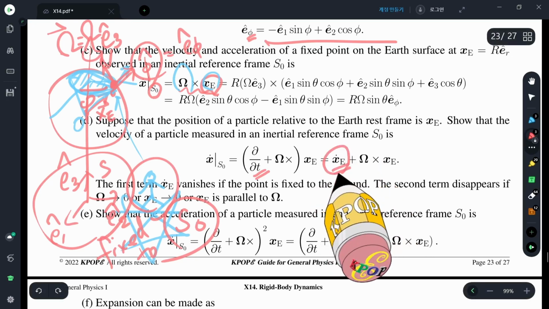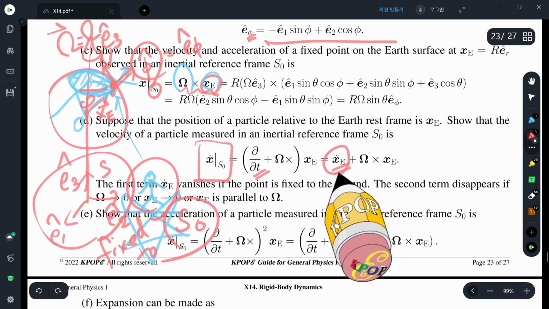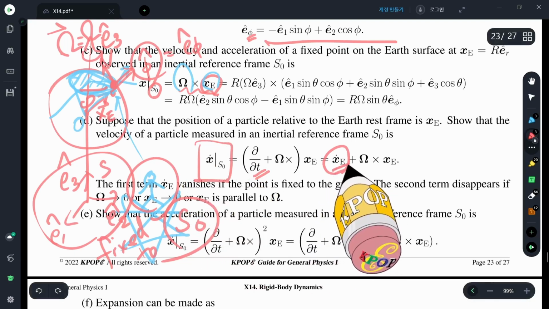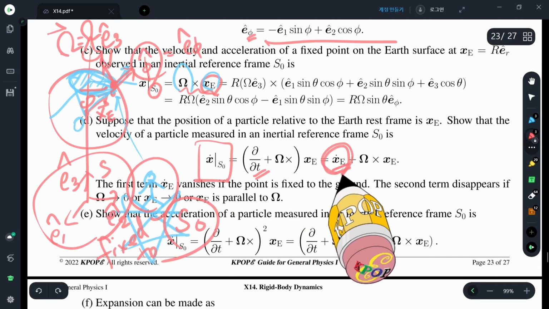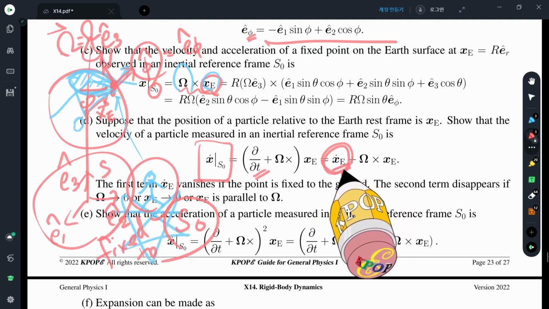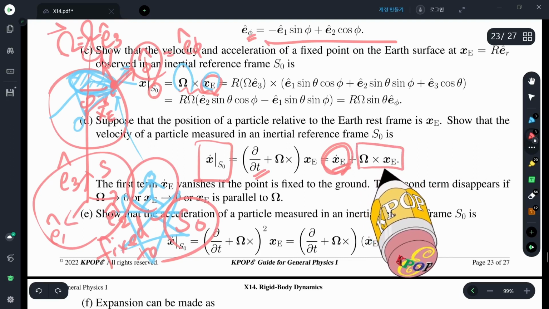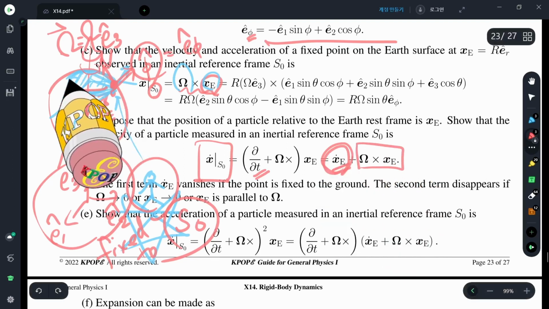However, in the inertial reference frame, you can see both of them. Relative to the Earth, it is moving with this velocity. That is a kind of Galilean transformation, and there is another contribution due to the rotation of the Earth.